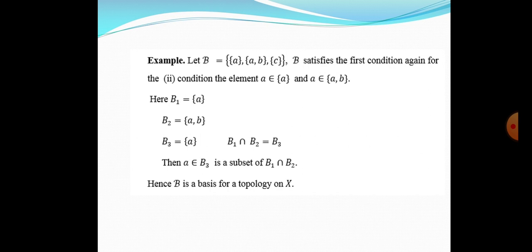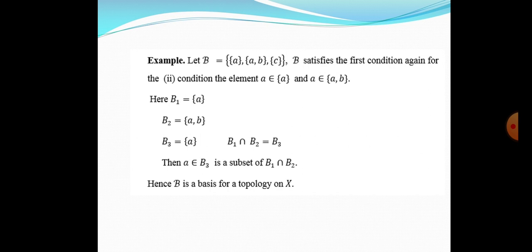So here, for the second condition, the element small a belongs to the singleton set {A}, and small a also belongs to the set {A, B}. Here B1 is basis element 1, equal to the singleton set {A}. So here the basis has three elements.